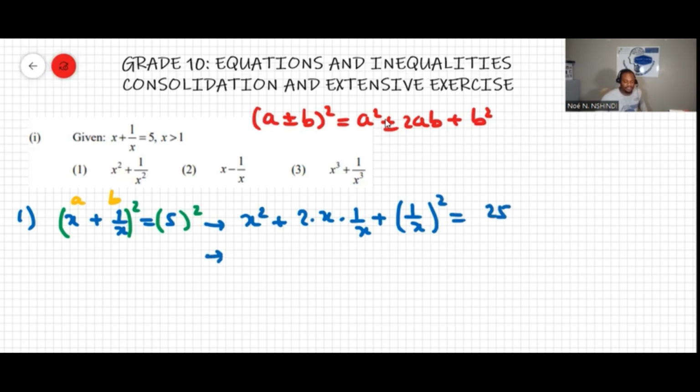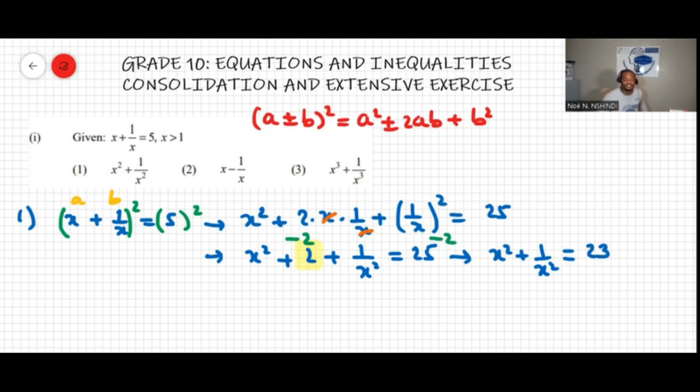Now, x and x can be simplified, so we have x squared plus 2 plus 1 over x squared equal to 25. Now, if we minus 2 here, we minus 2 there, so this will be 23. So x squared plus 1 over x squared equal to 23.